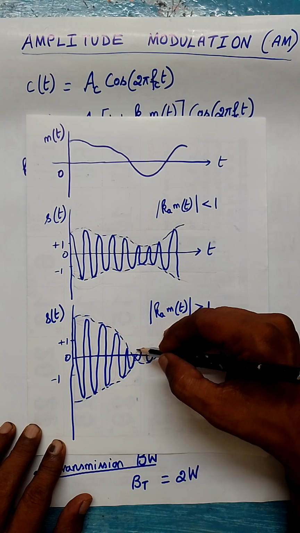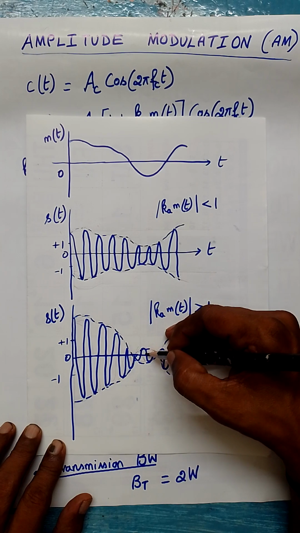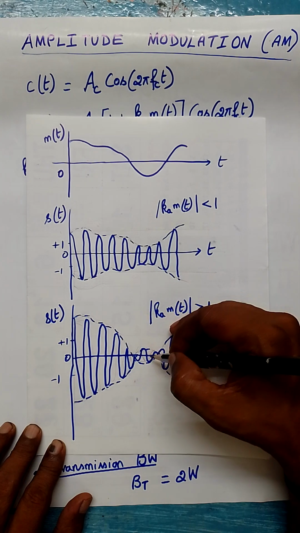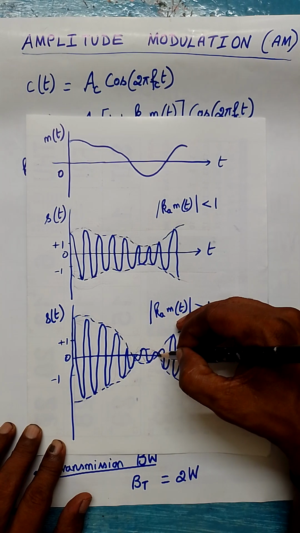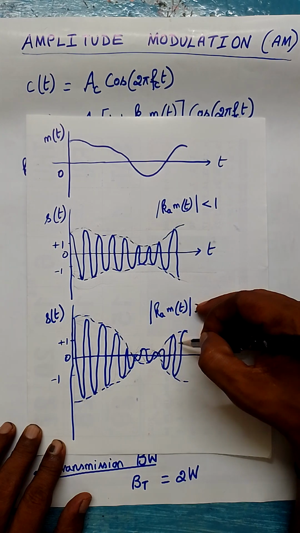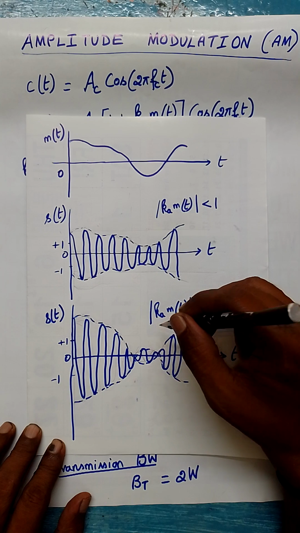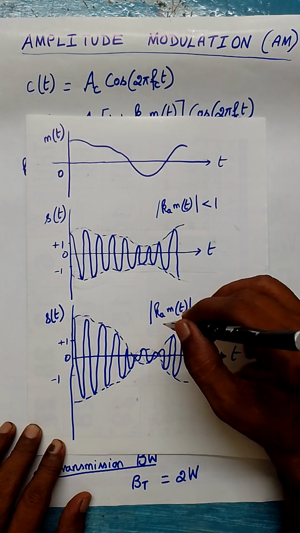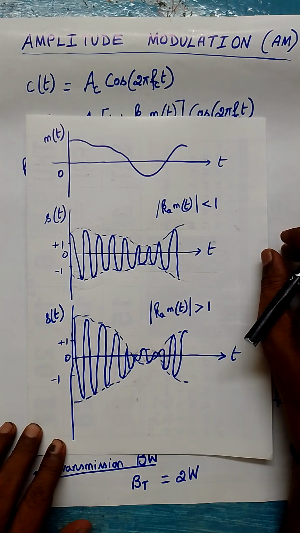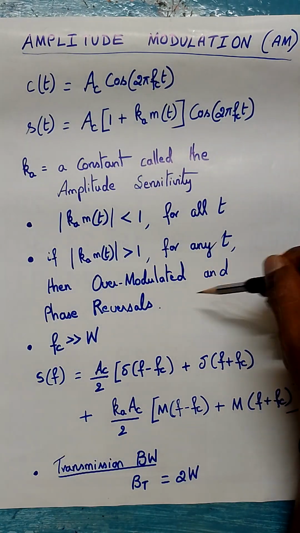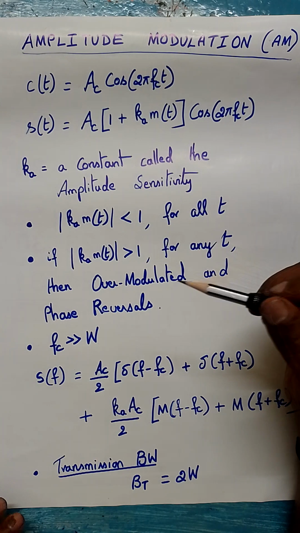Actually it has to go like this, but there is a phase reversal. And once again this baseband signal crosses the 0, therefore once again you can see the phase reversal. This is because |Ka m(t)| is greater than 1 and we call it overmodulation. Overmodulated and phase reversals will occur. This is a problem.